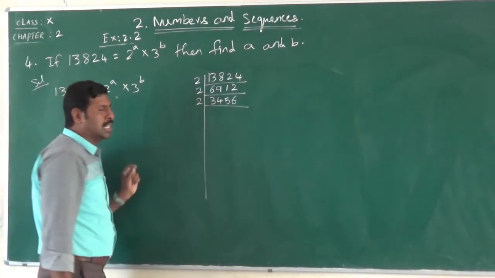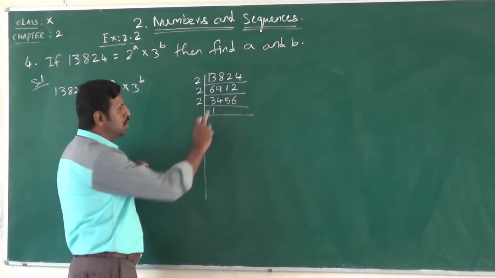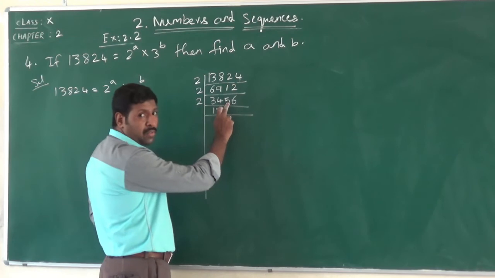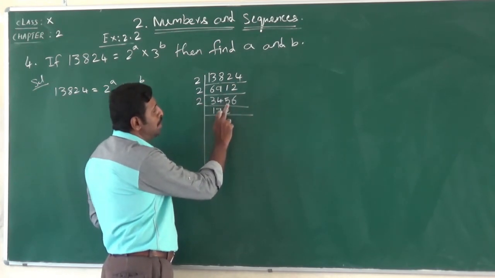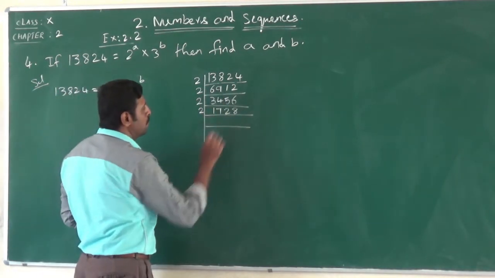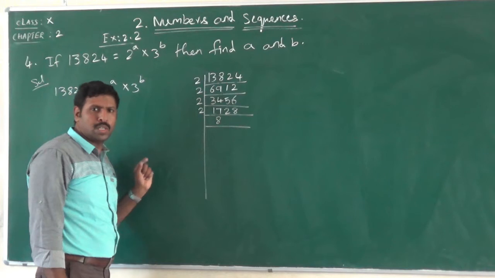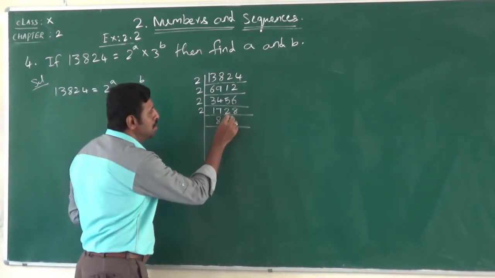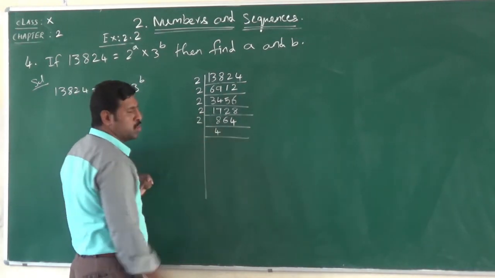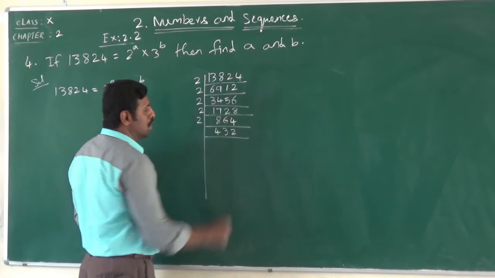Then again it is an even number, divided by 2, we get 1728.